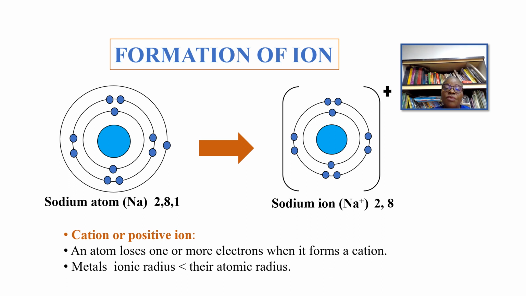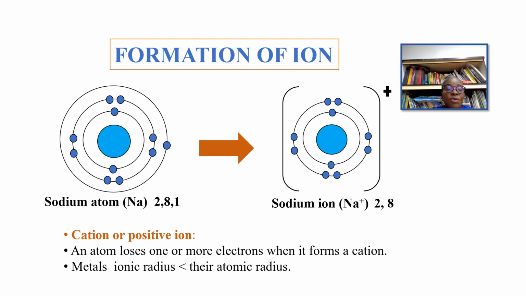When this electron is donated, the alkali metal's charge changes to a positive one because it has become a positive ion, also called a cation. They lose their outermost electron when they form a cation, and it makes their shell smaller. Their shell becomes smaller as they form the ion.